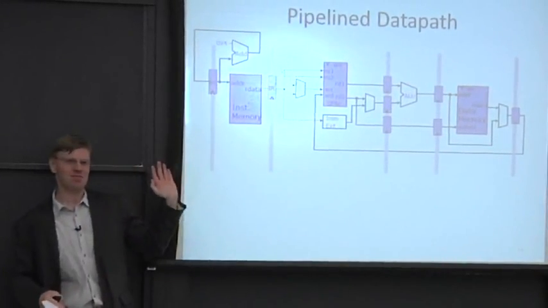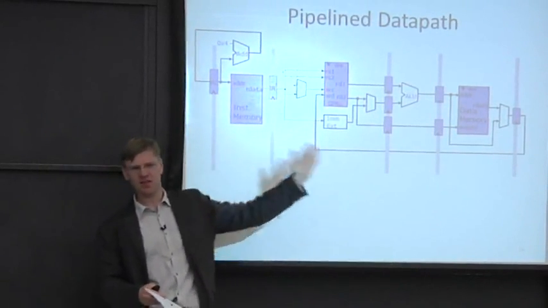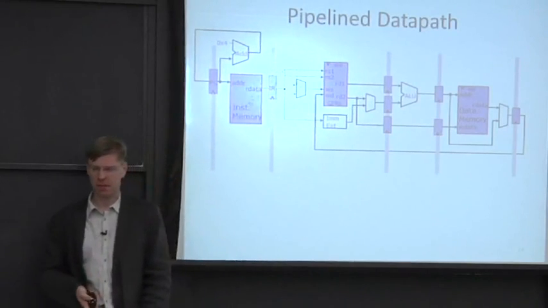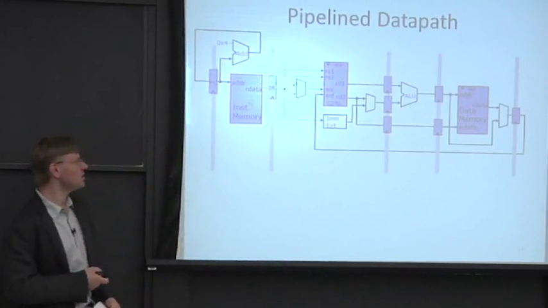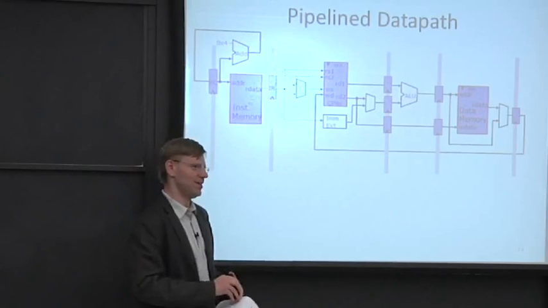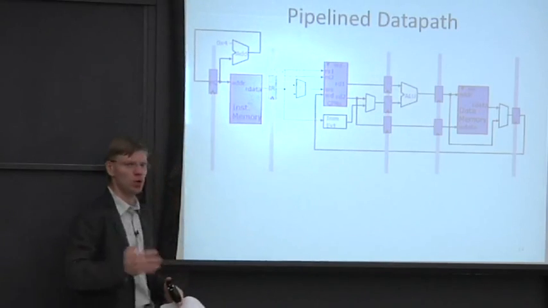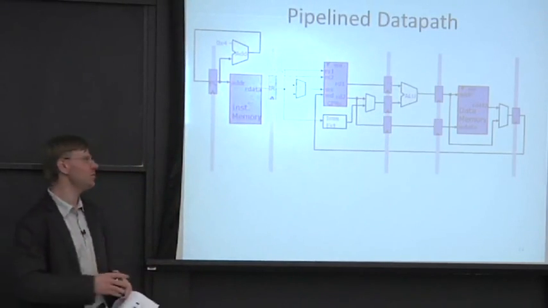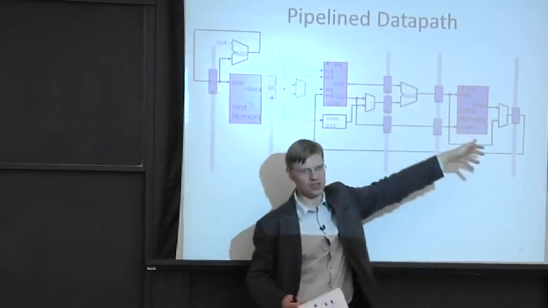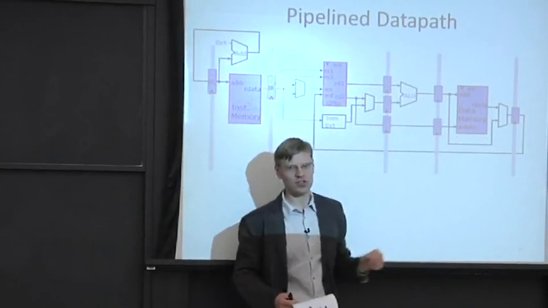And it just so happens that this is a convenient place to put registers for something like a MIPS data path. Something you might recall from your digital logic design course is that when you pipeline a circuit, you need to make sure that you cut all lines which are going in this direction across the registers.